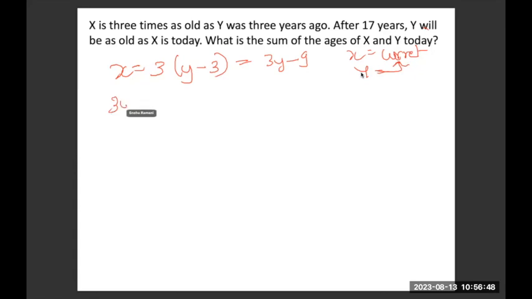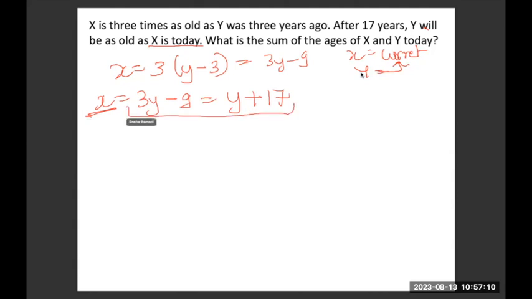So x is equal to 3y minus 9 is equal to y plus 17. This is another equation. The current age of x, which is today, is equal to y after 17 years. If I solve this equation, 2y will be equal to 9 plus 17, which is 26. So y is 13 years.